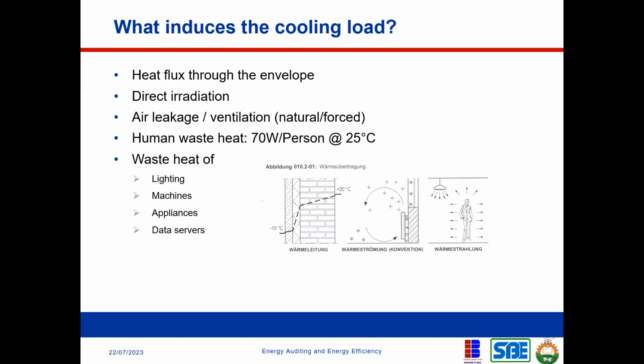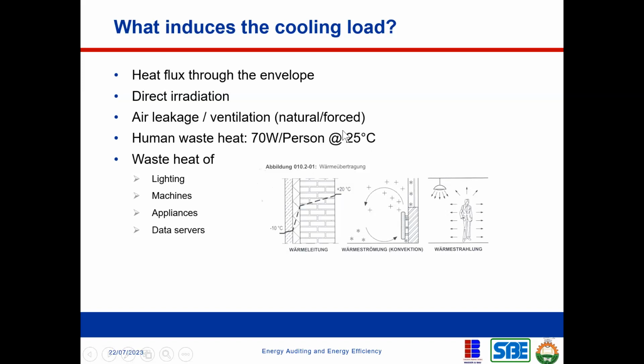The things that actually create the need for cooling are waste heat from lighting, from your machines, from your appliances, from data centers, even from human beings. Human waste heat is about 70 watts per person at 25 degrees centigrade.